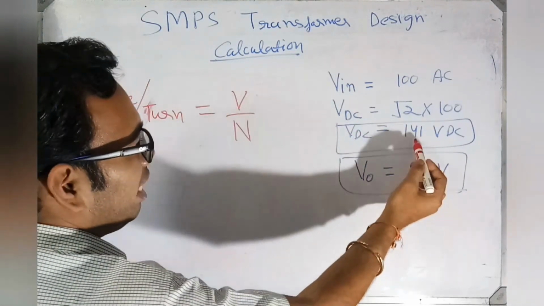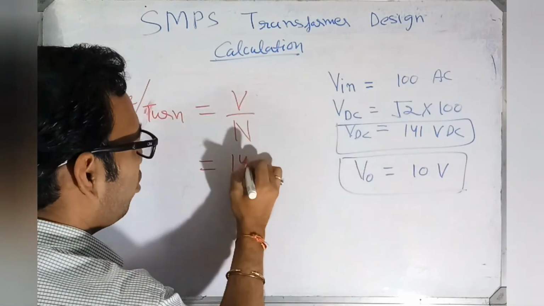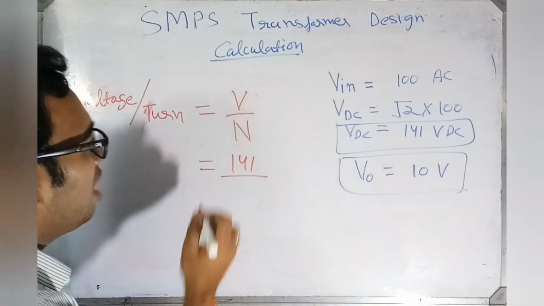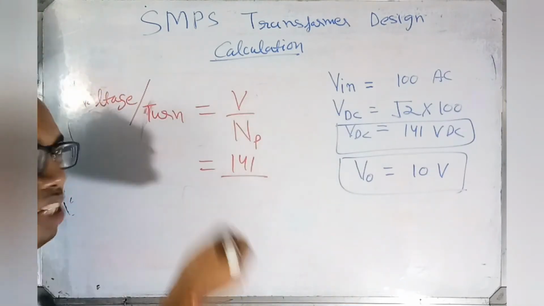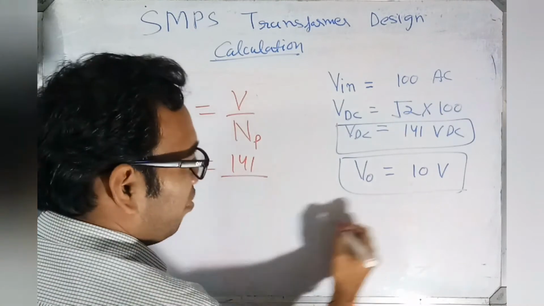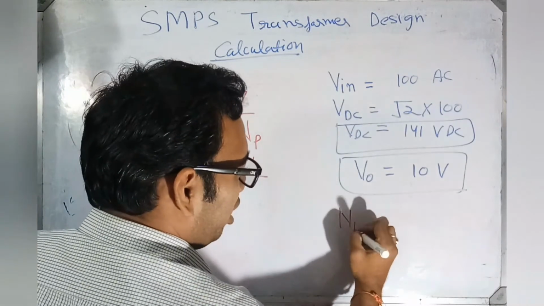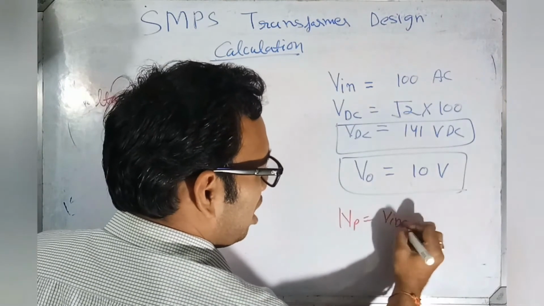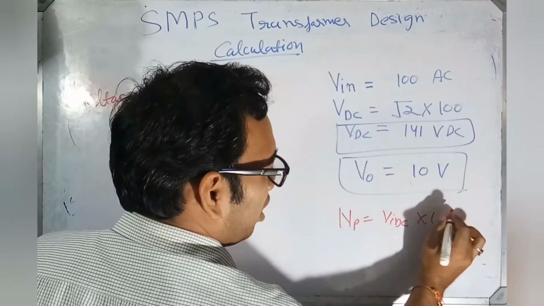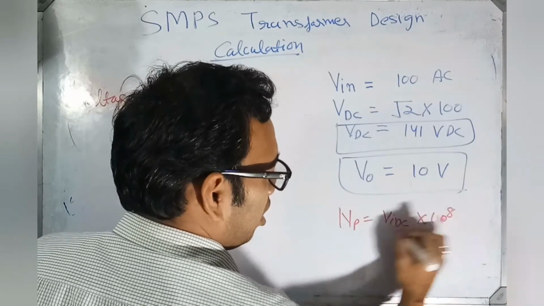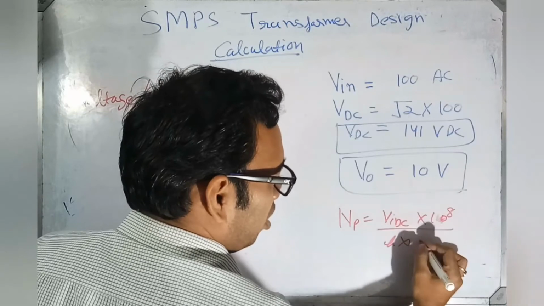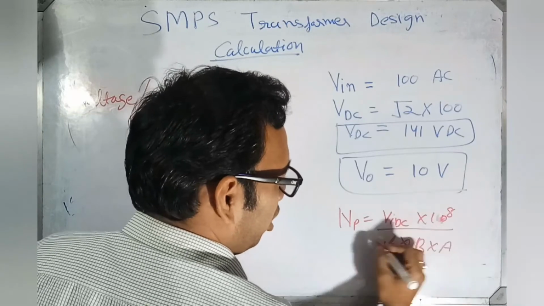We know the VDC. We use VDC, which is 141, divided by the number of turns. The number of turns for the primary we have calculated from the formula which I explained before: Vp is equal to VDC multiplied by 10 to the power 8, into F into B into A into 4.